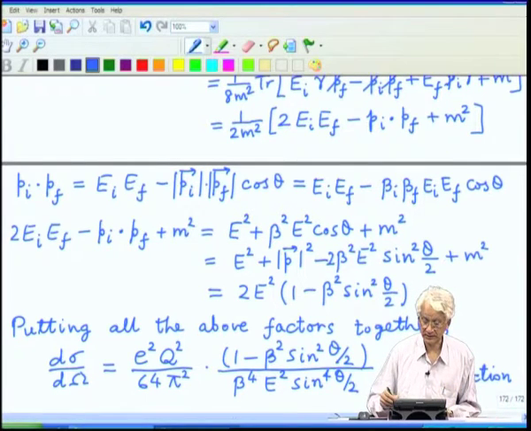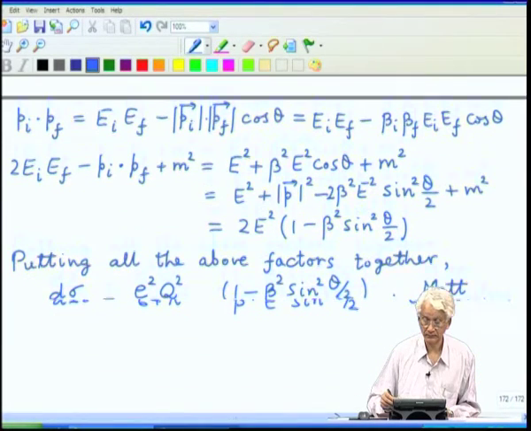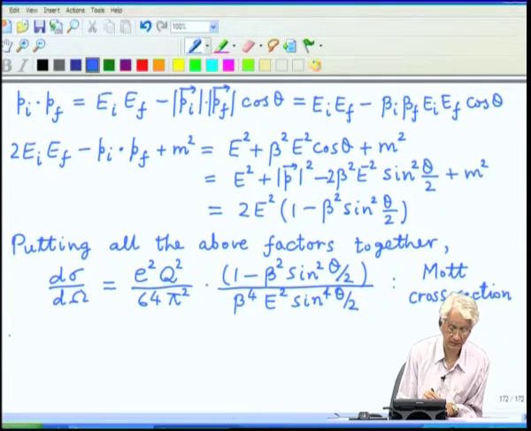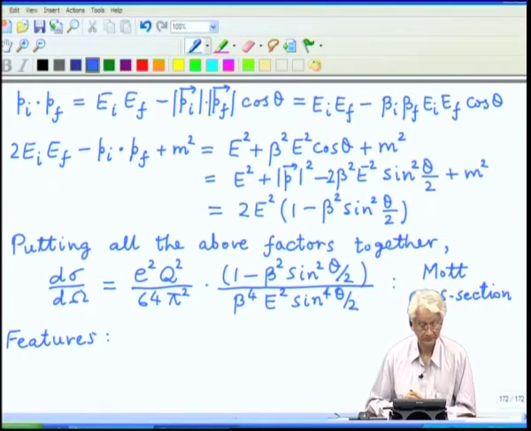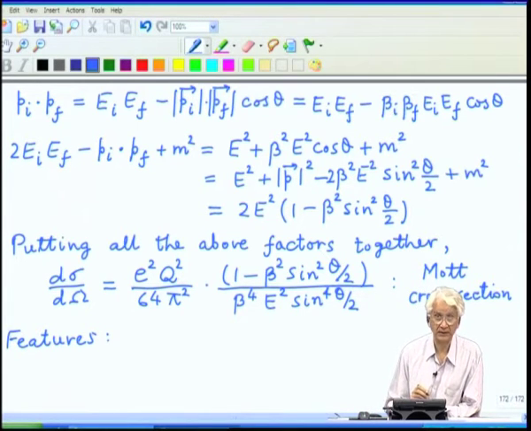Now, let us look at some of the features of this cross section which are useful to understand and also experimentally important in trying to fit this formula to the data.